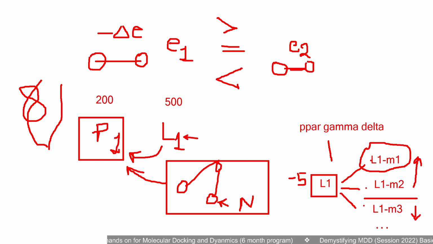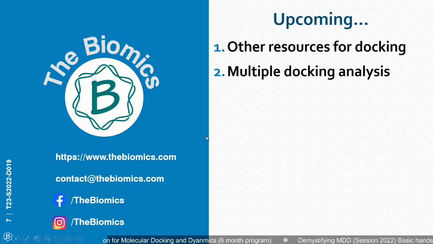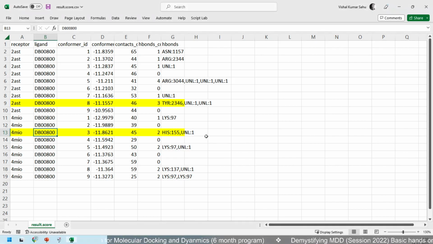And the ligand may have a different number of atoms, like 7, and another ligand something else. Suppose a protein has 100 residues, another protein has 200 residues, and one ligand has 10 atoms and another ligand has 17 or 18 atoms.